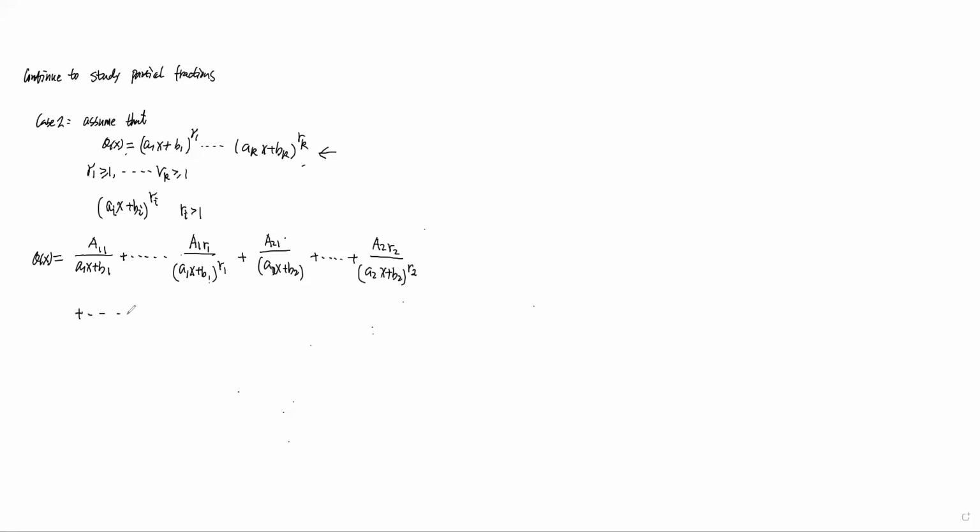So we continue this process. We have AK1 over AKx + BK, plus AK RK over (AKx + BK)^RK.